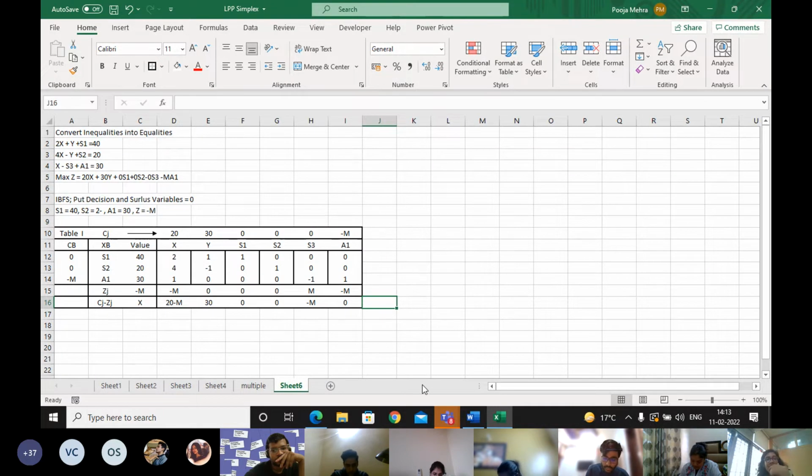All Cj minus Zj need to be less than or equal to 0, else we need to select the most positive. This is negative, this is negative. We need to select the most positive. So y is my entering variable to the system.